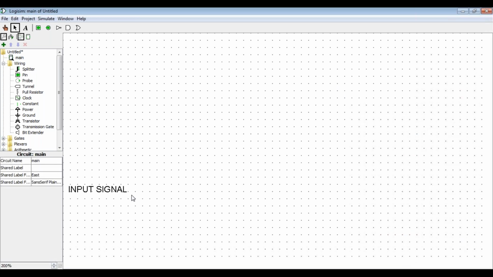Listen carefully. I will give you the recorded video link, you can execute the experiments after some time. Now we are going to do shift registers. First I am going to do SISO, serial in serial out shift registers.